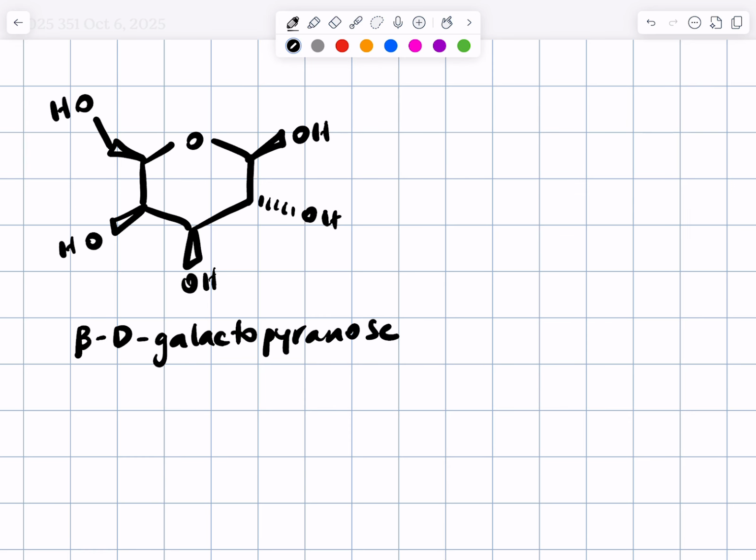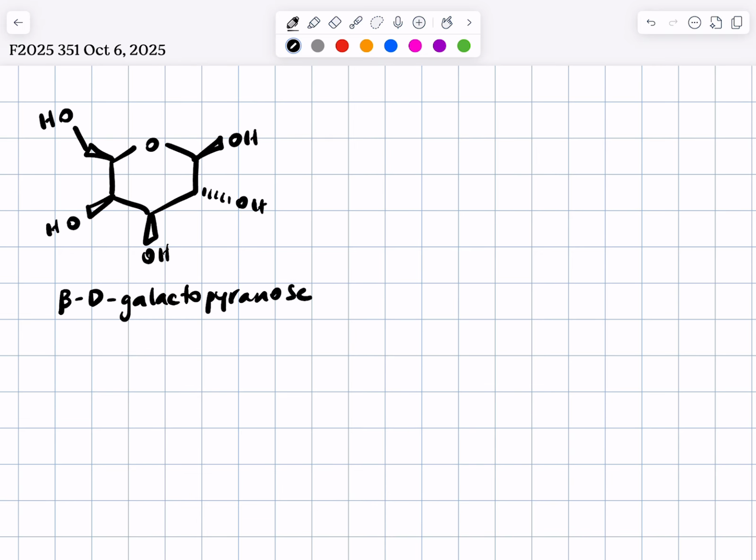And I've asked questions before on an exam where I'm like, which of the following is the most stable chair conformation of this molecule? And some of you, or some of your peers from previous years, hear the words most stable and chair and jump to the concept equatorial.